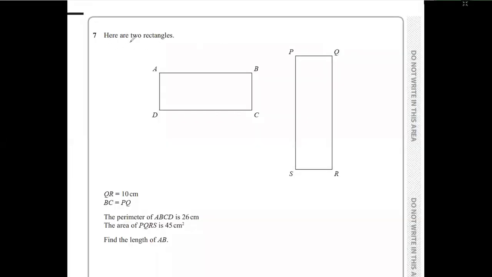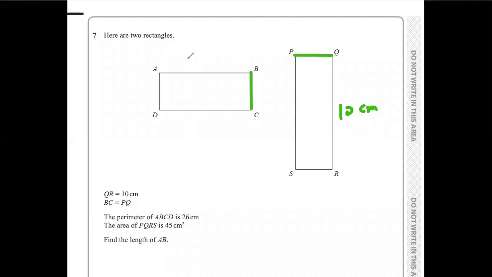Question number 7. Here are 2 rectangles. QR is equal to 10 centimeters, so this side is 10 centimeters. BC is equal to PQ. BC is this one here, and this is the same as this one here, PQ.